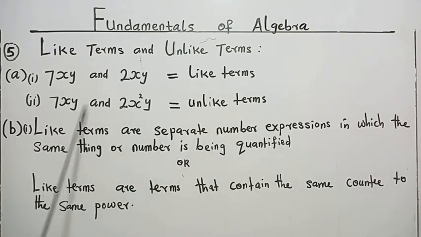Surely this and this are separate number expressions. If they qualify to be called separate number expressions, but they fail to qualify in the light of the remaining properties that they should possess, are we still going to be correct to call them like terms?